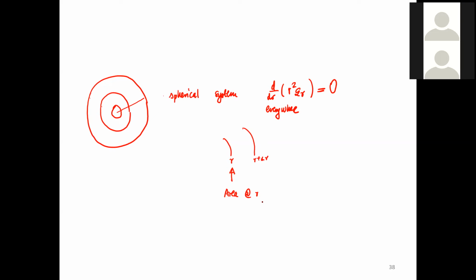Do you see the spherical element? So you're going through the surface at constant radius r, and you have a flux through it, and flux is a vector. So you have to multiply that q_r evaluated at r with the area at r, to the area at r plus delta r, right? And this depends on r squared, right?